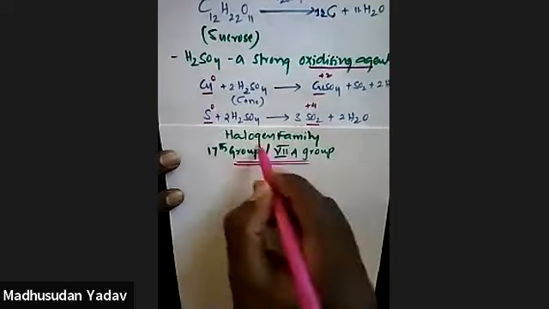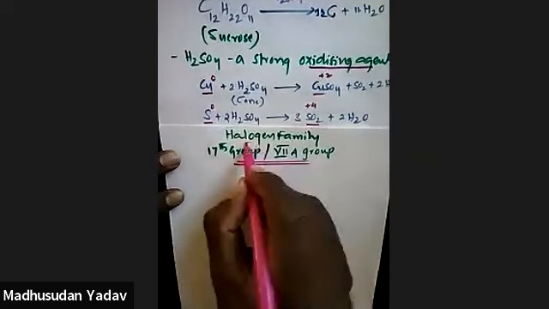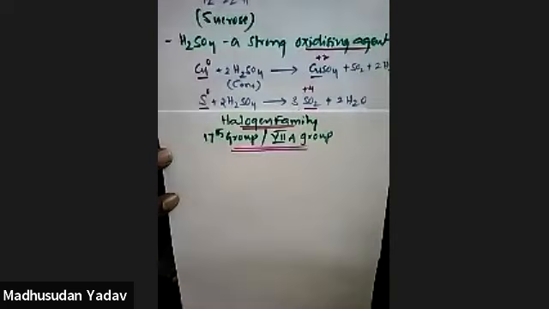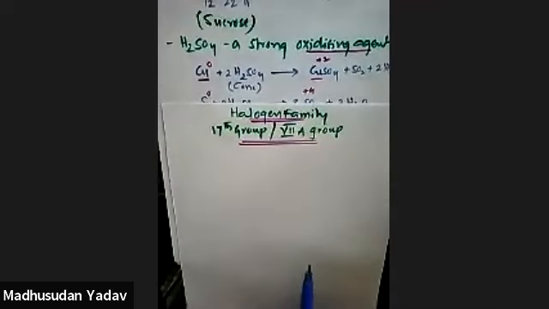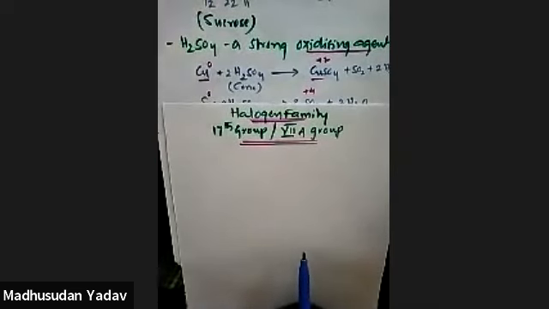So what are the elements included in this group? Can anyone name the elements? Have you remembered? Fluorine, chlorine, bromine, iodine. Yes, good.